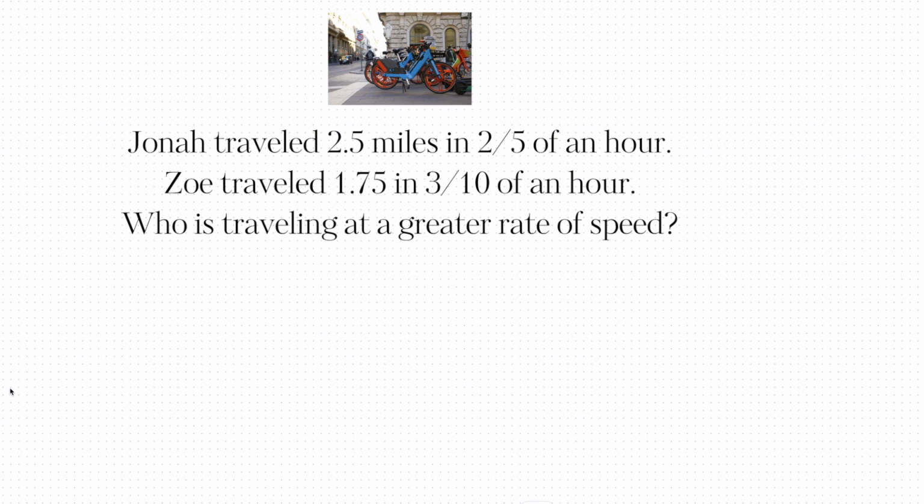All right. So again, remember, to get the rate of speed, it's always the distance divided by the time. So for Jonah, the distance is 2.5, and we need to divide that by 2/5.